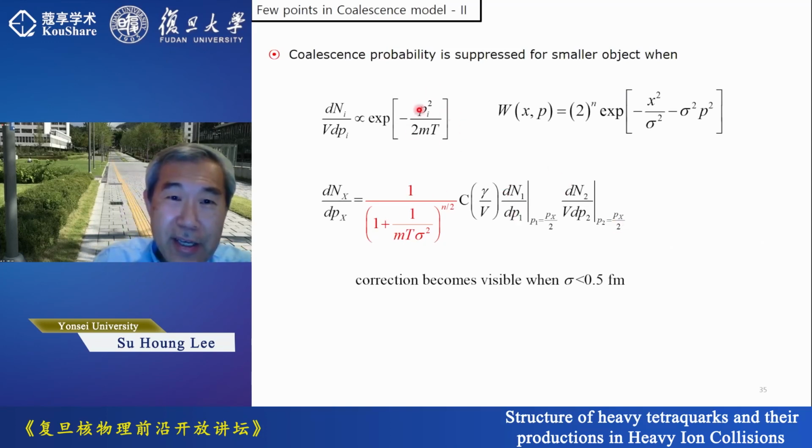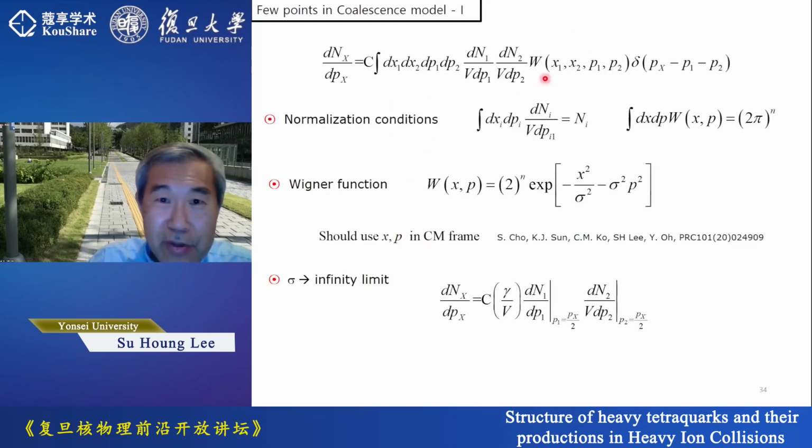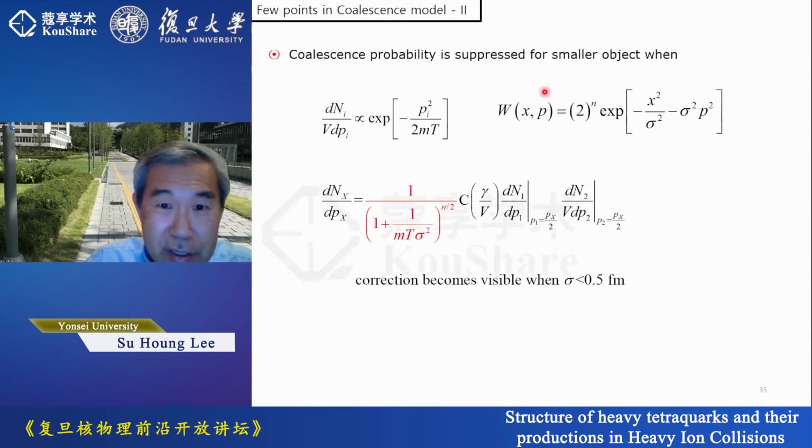This additional scale, just to give you a handle on what is going on: if you assume the transverse momentum to be thermal, for example, then this extra scale, the temperature, when you put it into this formula, gives you a correction factor in the sigma infinity limit of this form.